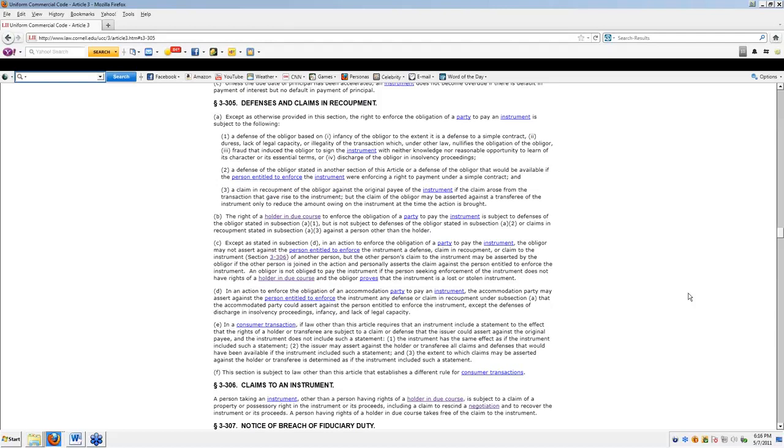Fraud vitiates everything, and that's in number 3, A3, small III. If fraud is used to induce anything, then it invalidates the entire contract. And so there's one of the simplest things you can say.